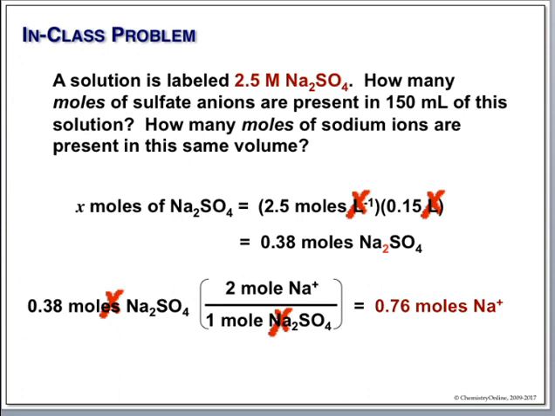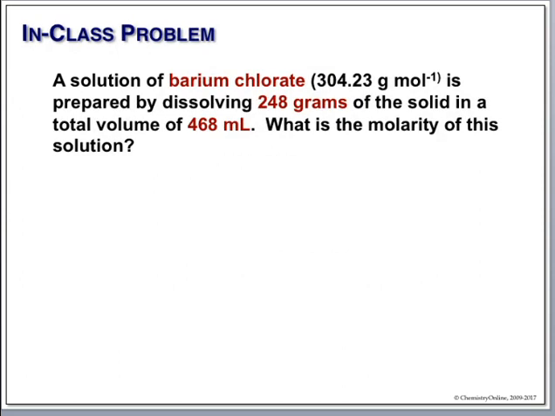Barium chlorate. Remember, chlorate is ClO3 minus 1. Barium is a +2 ion, so there are 2 chlorates here. We have 248 grams and 468 mils. What's the molarity of the solution? Well, that's simple.